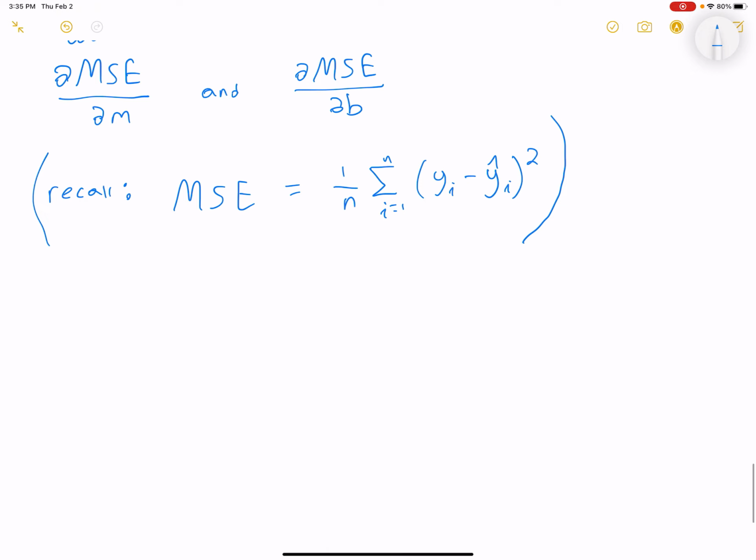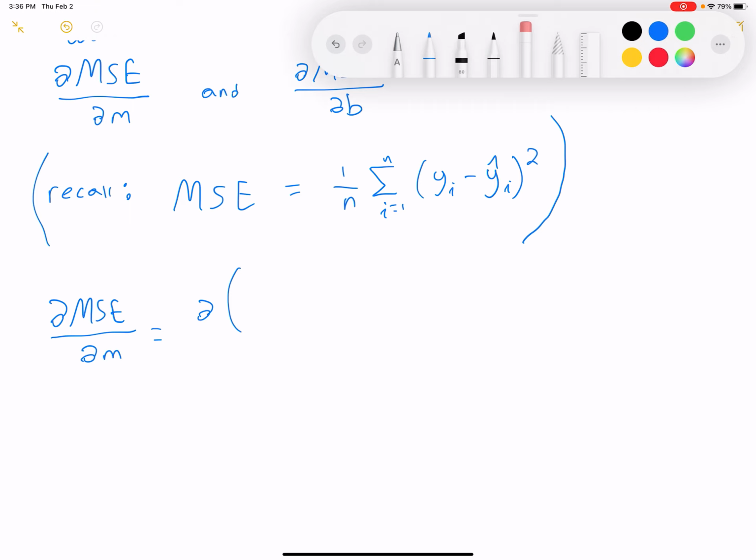So the partial derivative of the mean squared error with respect to m is equal to the partial derivative of this thing. I don't want to write it all out, just to save time.